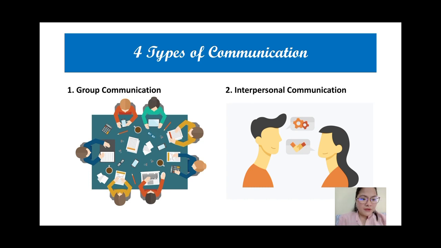So this is very familiar, I think, with you. Group communication is done with not one, not two, but many people. Okay, communicating with not just one person. And this usually happens for jobs, for when you talk in school together with your classmates. That's group communication. Talking to others.